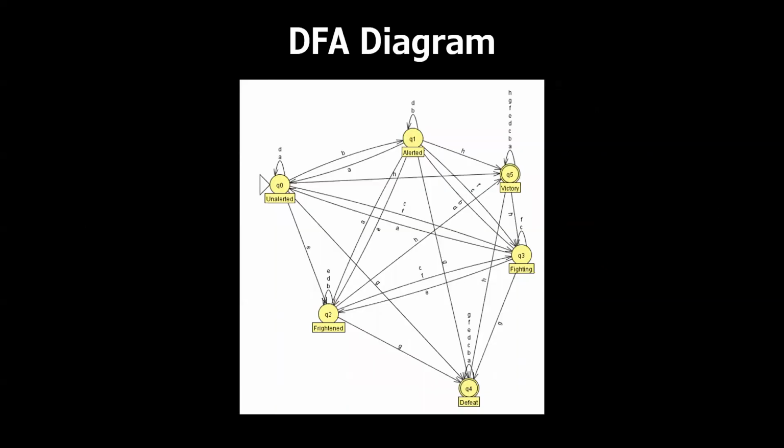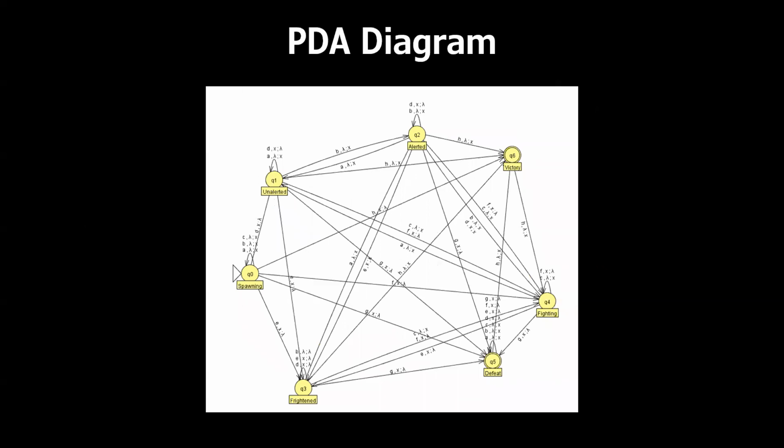So this was my DFA diagram, and I thought this was complicated. But then I went forward and made my PDA, and we've got a little more going on here. So essentially you can see that if something like A is read, then it pushes an enemy onto the stack.